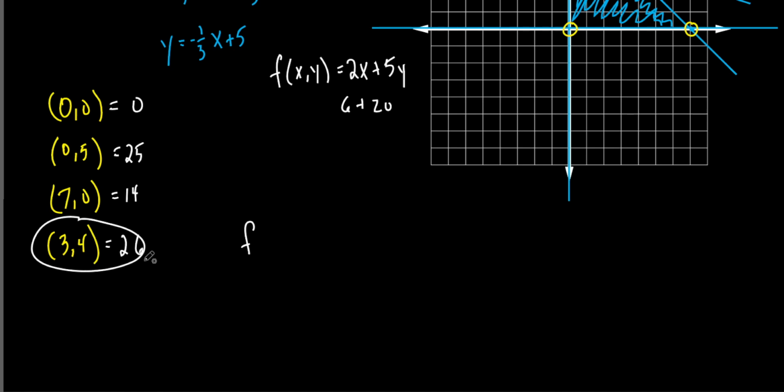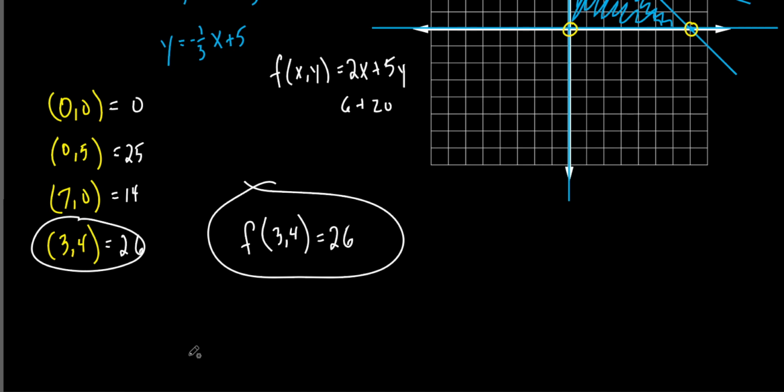I mean, they're gonna be next to each other anyway, right? Depending on how you do it. So you might as well just do it like this. This is how the book writes it. F of 3, 4 equals 26. So this is how the book writes it. I'm fine just writing it like this. No big deal. But that's how the book does it. Okay, we good with that?